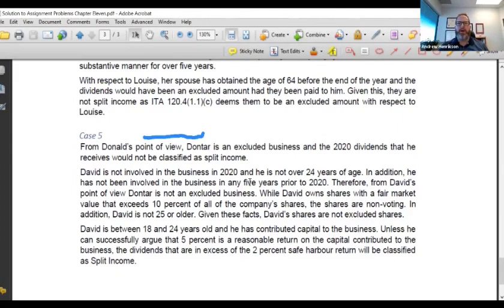So this is a little bit of a split decision, if you will, in that he can probably argue for the 2%, but he's going to have to prove more that 5% is reasonable. You can get the 2% easy. The 5%, it's going to be a little more debatable.